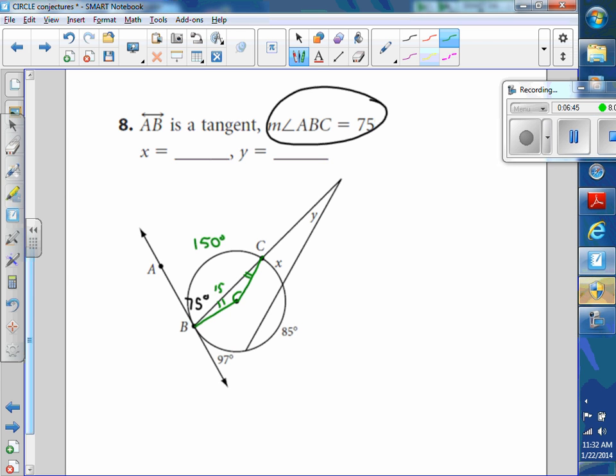So wait a minute. Now we've got this 150, right? Then 97. Then 85. Kate, what do those three add up to? What's left over? Okay, don't fail us now.